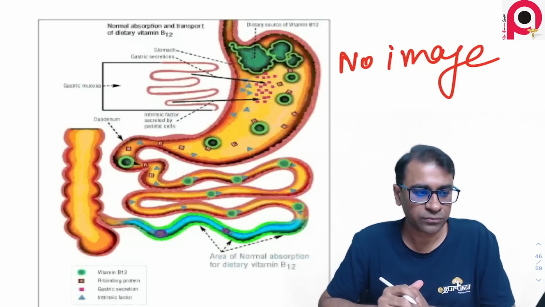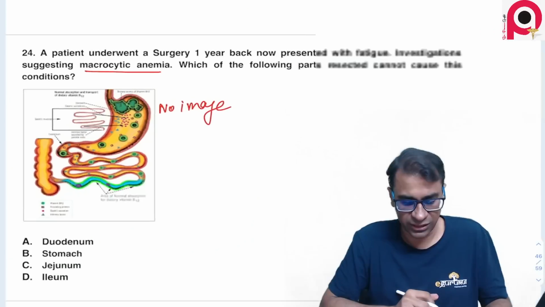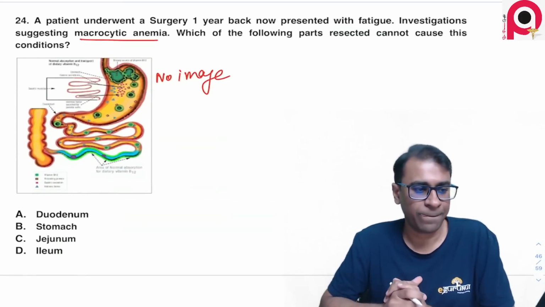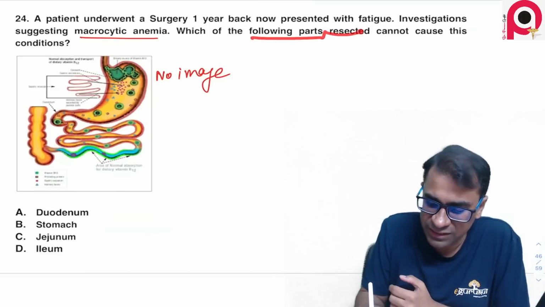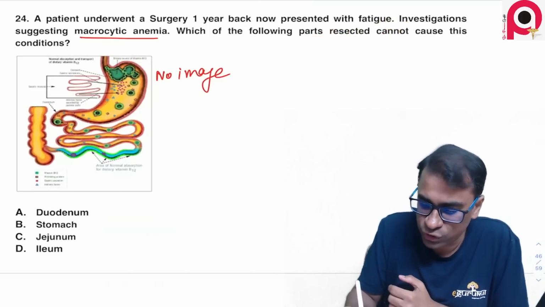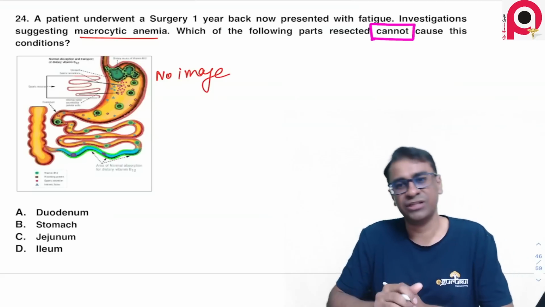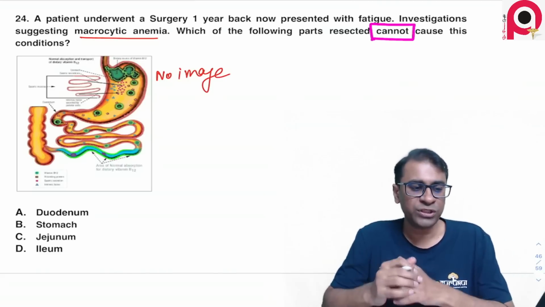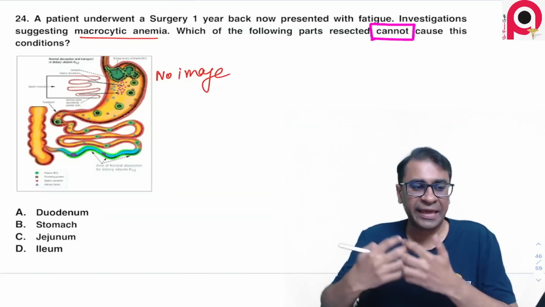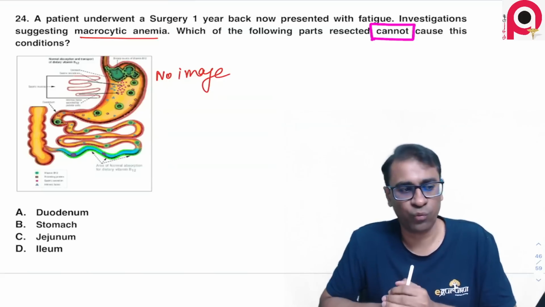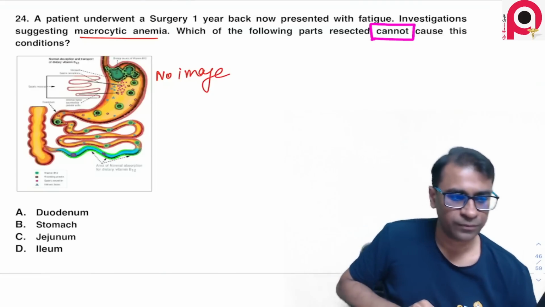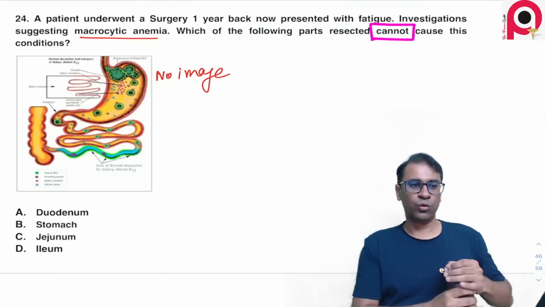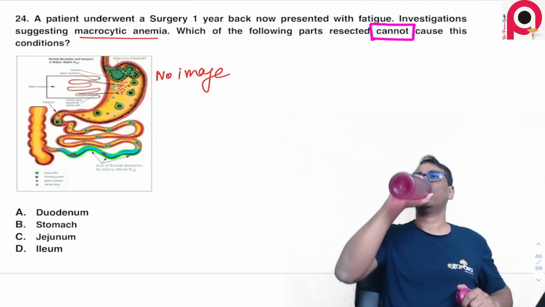So what do you think is the answer here? The question was: the following part rejected cannot cause this condition. Which part, if you reject it, cannot cause this condition? What have you marked in this question?